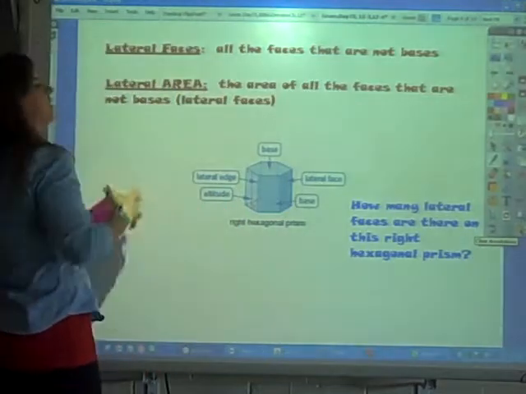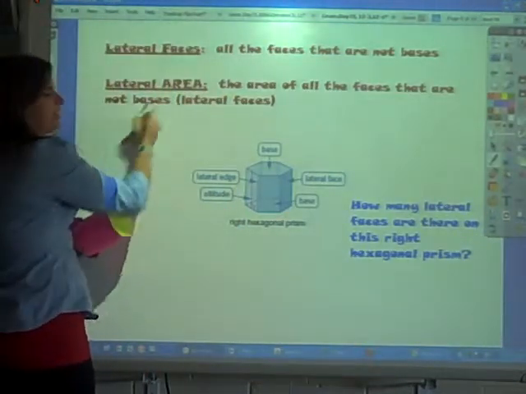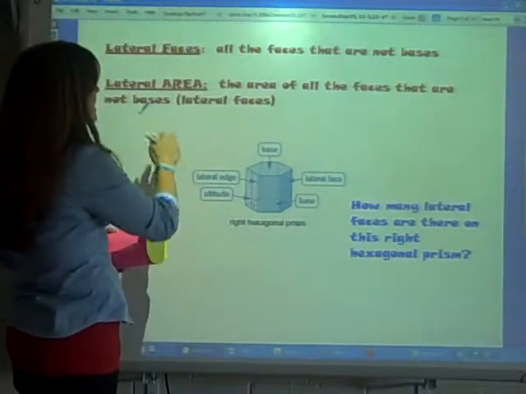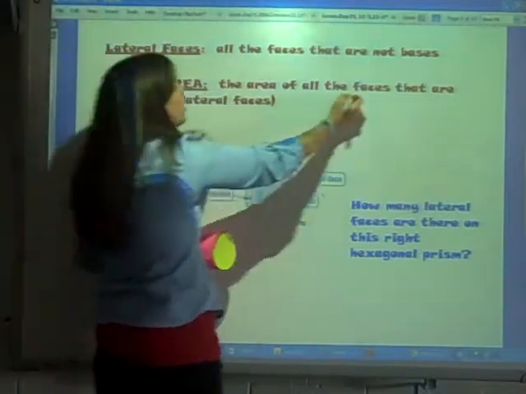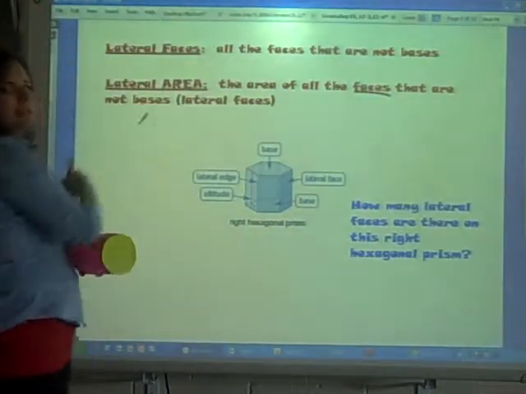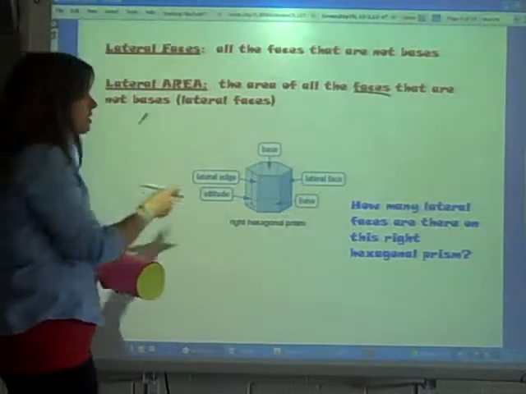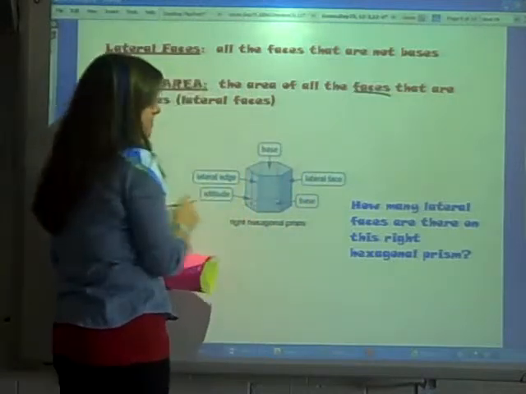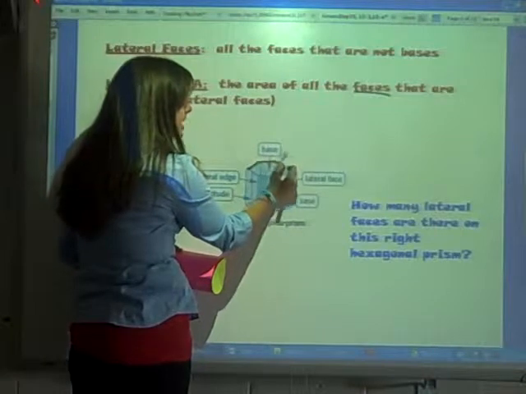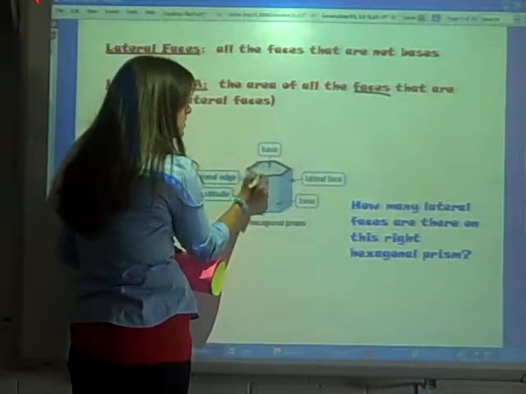It's a little bit different when they throw this thing, lateral area, in there. Lateral area is taking the area of all the faces that are not bases. Okay? So look at this prism. And now what can we call this prism? Remember that prisms are named by their bases. Okay, so take a look.